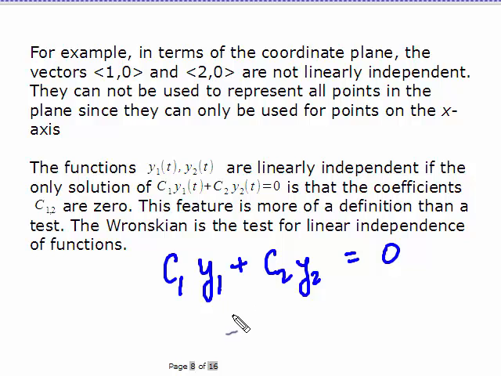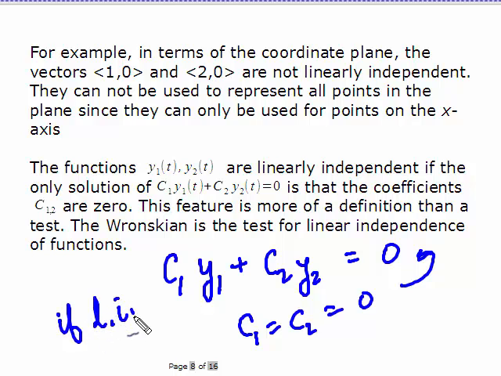If they are linearly independent, then C1 and C2 both have to be 0 in order for this to hold. That's pretty hard to show. I mean, sometimes you can recognize it, but there's a test, and it's called a Wronskian.